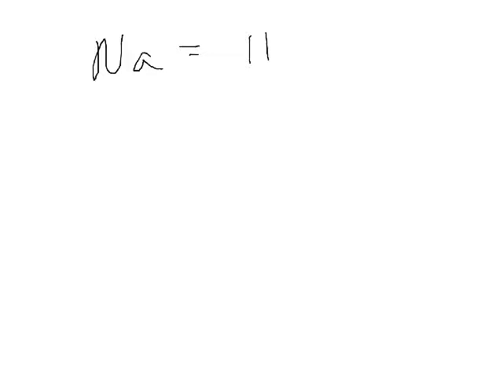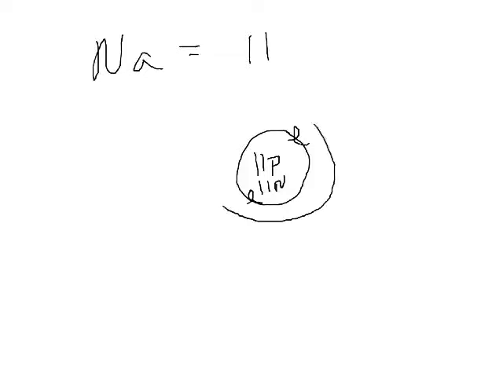So we're going to take sodium. It has 11 protons, 11 neutrons. First shell can only have 2. So we need to add 9 more electrons. So I'm going to put another shell. And the most the shell can have is 8 electrons.